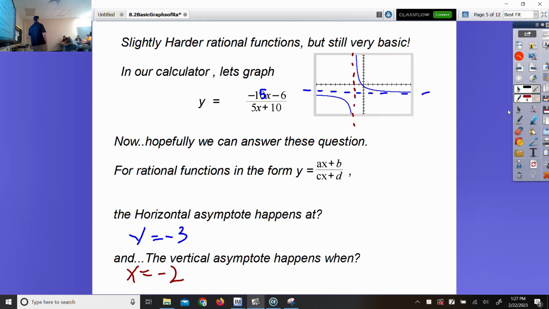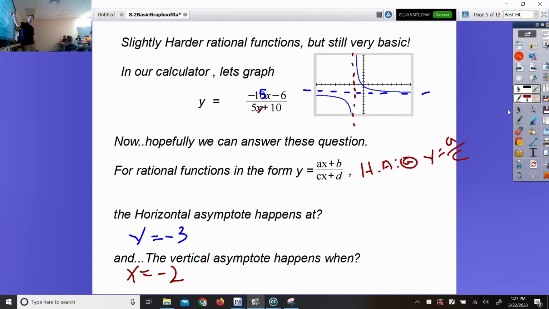There's a relationship between looking at an equation and what the graph would show you. Part of your standard is to look at a graph and analyze, and part of the other standard is to look at the equation and analyze. All right, both ways. Now, I've got written here for rational functions of the form y equals (ax plus b) over (cx plus d), the horizontal asymptote is at y equals a over c.